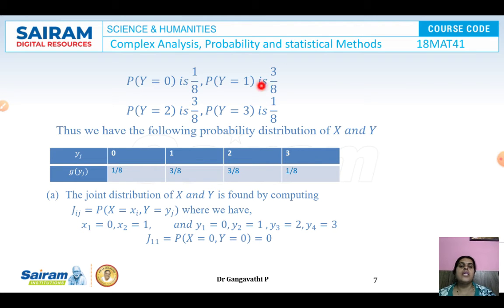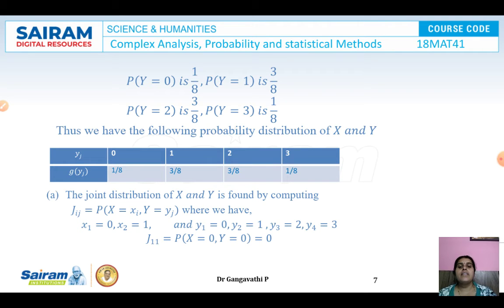So 3 divided by the total number of outcomes, 8. And P of y is equal to 2 means the probability of getting 2 heads. Observing the outcomes, there are 3 possibilities, so 3 by 8. And P of y is equal to 3 means the probability of getting 3 heads is again 1 by 8.